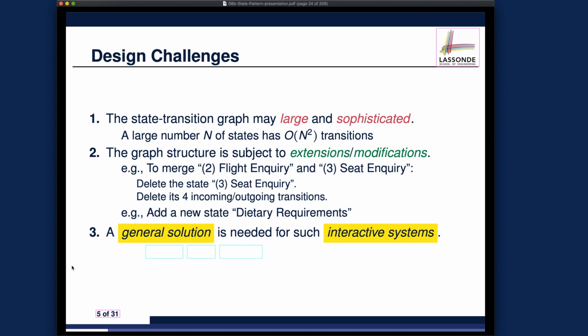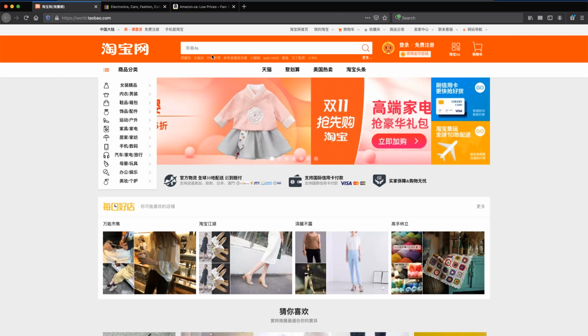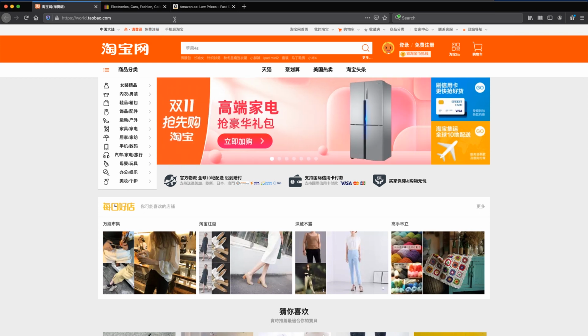So what will be the general solution requirements? We really want a general solution for such interactive systems. So let me just give you the ultimate applications later if you want to build for your own interest. For example, these are 3 possible systems. Let me just show you. If you click on each of the hyperlinks, it will be linked to the system. One would be, for example, Taobao, a very large-scale shopping system.